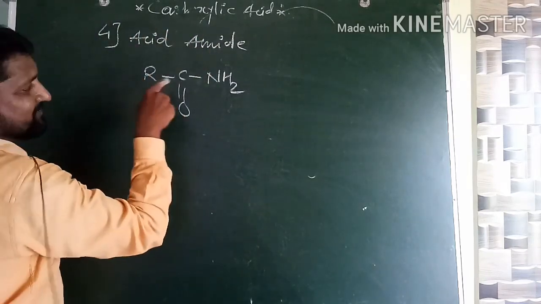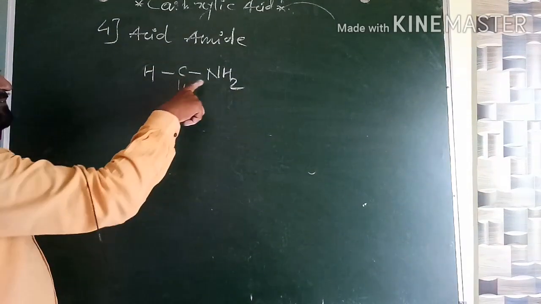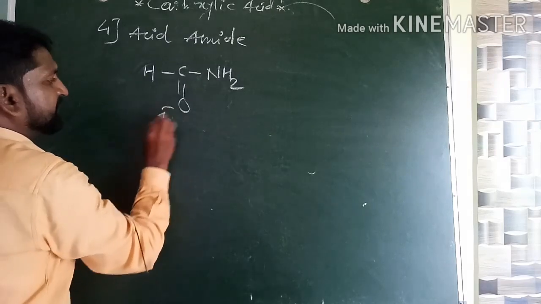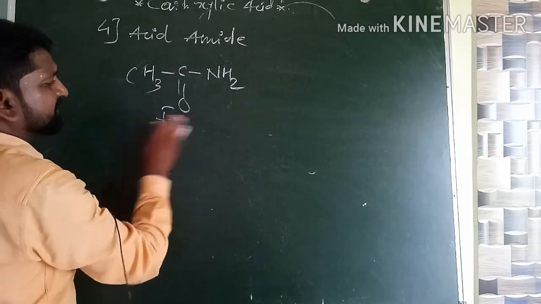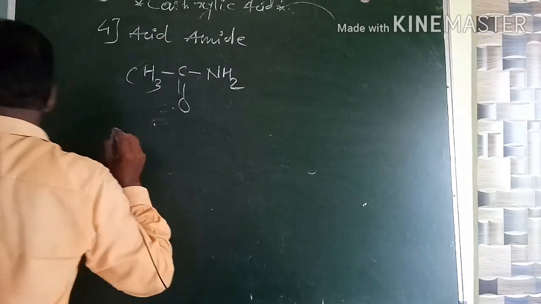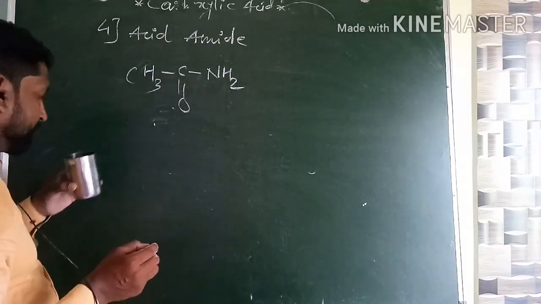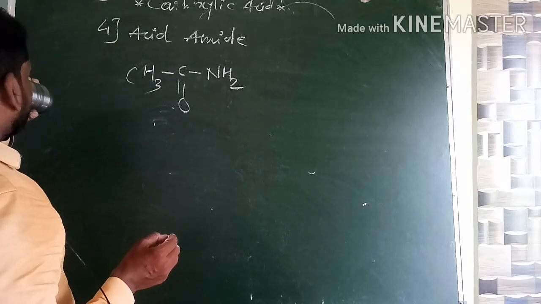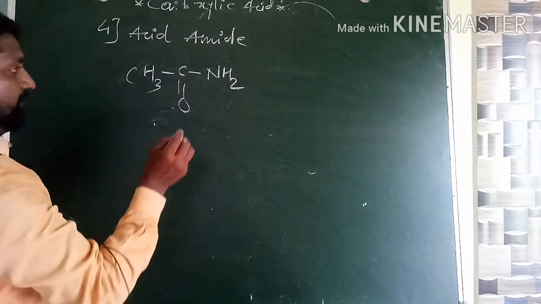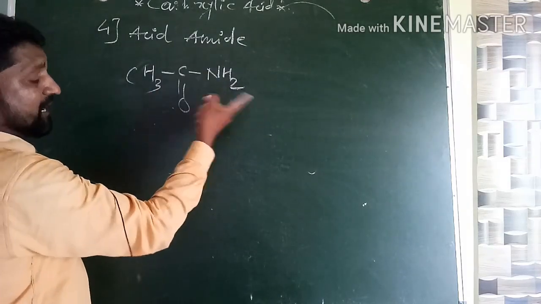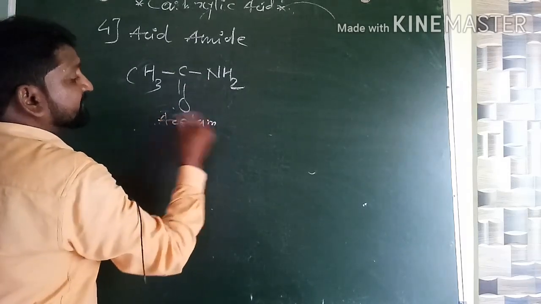Acid-amide. Okay, so its name is acetamide. If I write here one hydrogen, it is the amide of formic acid, therefore its name will be formamide. If I write here CH3, amide of acetic acid, it will be acetamide.